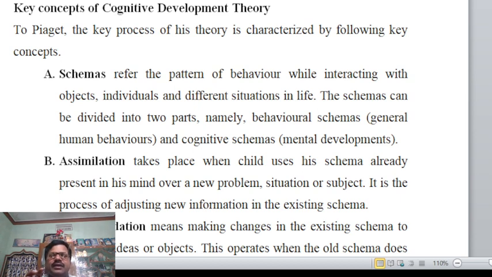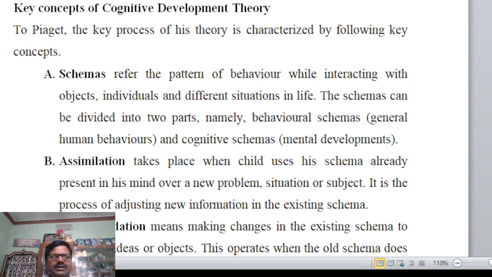Every individual, every child has his or her own schema, pattern of behavior. When the individual comes across any situation, event, individual, or object, the person interacts according to his schema. The schemas can be divided into two parts. One is behavioral schema, that is general human behavior, and another is cognitive schema, that is related to mental development.